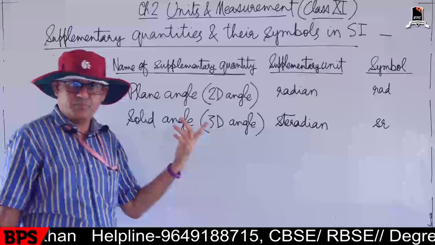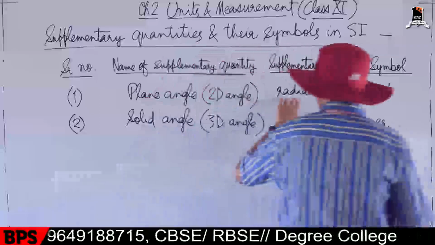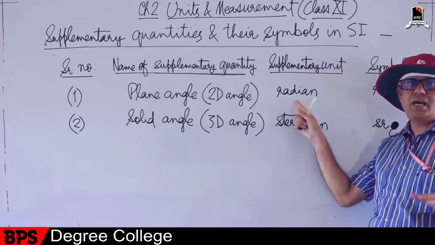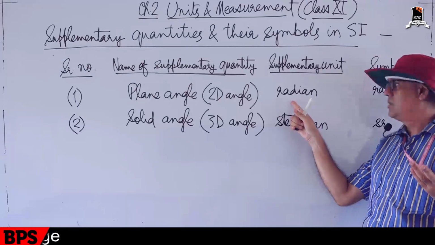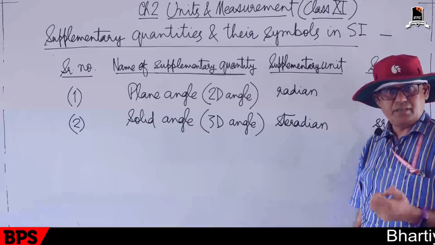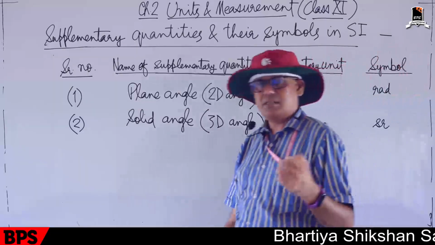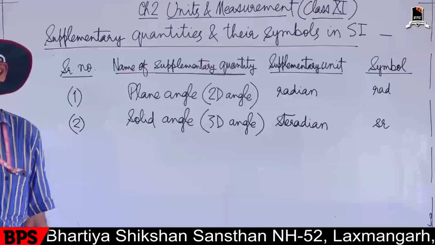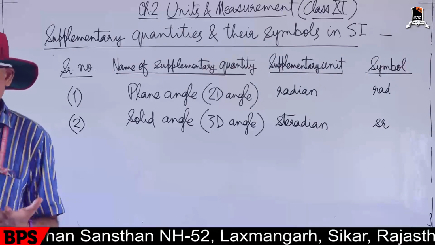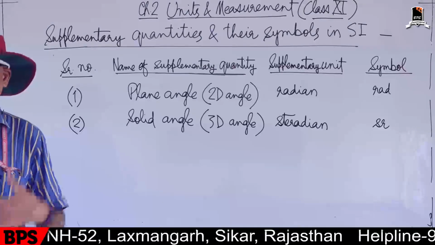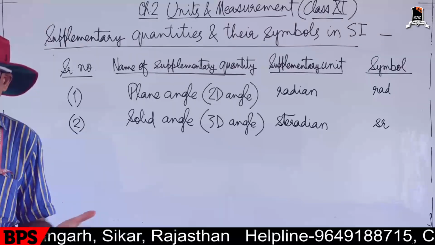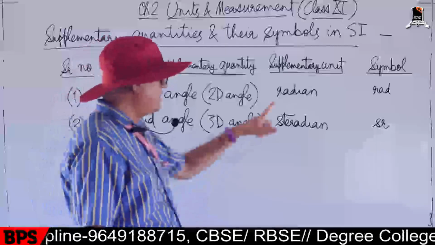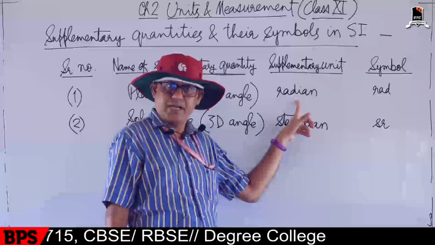Perhaps you have not used this unit, radian. You have generally used degree units. But whenever you have written the angle as pi by 6 or pi by 3 or pi or 2 pi, etc., then unknowingly you are using this unit system, radian.